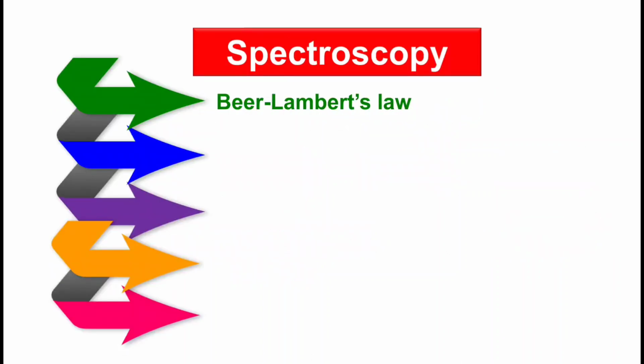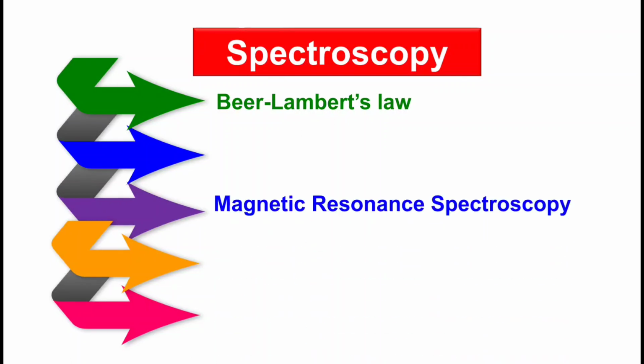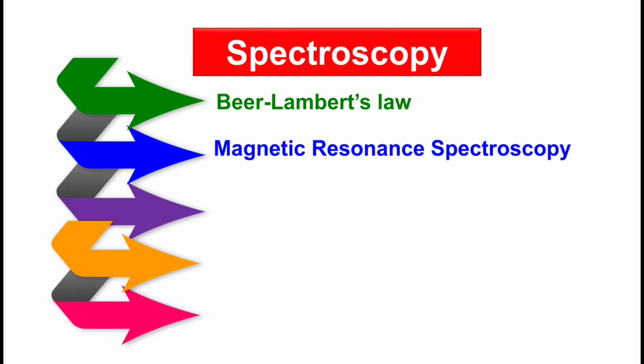And at last we have a very important topic of chemistry, useful for organic, inorganic and physical sciences, that is called spectroscopy. Here, the Beer-Lambert law is very important, and in this part we can get a numerical question on the Beer-Lambert law. Next we have magnetic resonance spectroscopy, called the NMR technique.